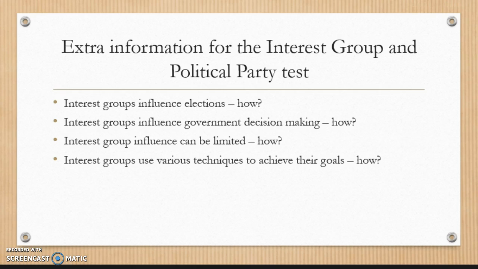Now, there are some organizations, interest groups, that use different strategies and techniques. For example, if you're the American Medical Association, you might use campaign contributions because you have a lot of money to contribute.